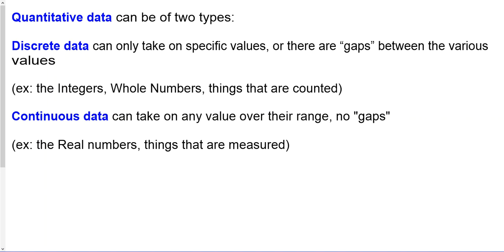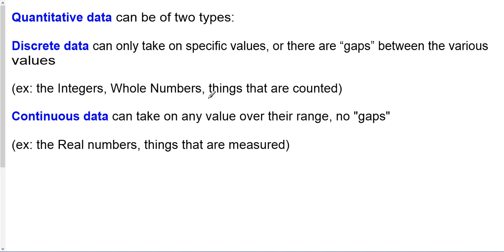Things that can only be represented by integers or by whole numbers are discrete data, because if something can only have the value 1, 2, 3, 4, 5, and not 1.5 or 2 3/4, that would be discrete. There's a gap between those integer numbers. And often variables that represent things that have been counted are discrete data, because you either have 3 of something or you have 4 of something. You don't usually have 3.5.